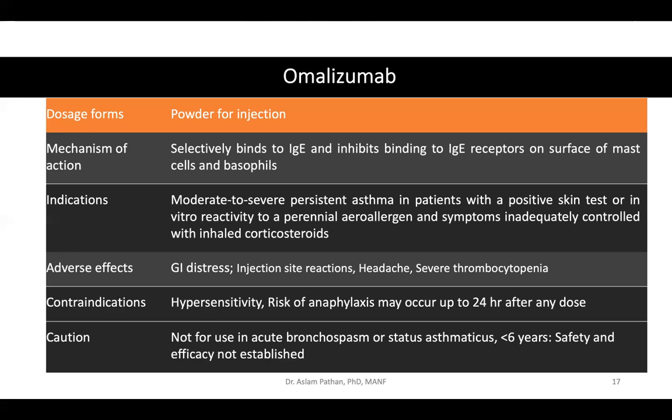Dosage forms: available as powder for injection. Mechanism of action: selectively binds to the IgE and inhibits the binding of IgE to receptors on the surface of mast cells and basophils.